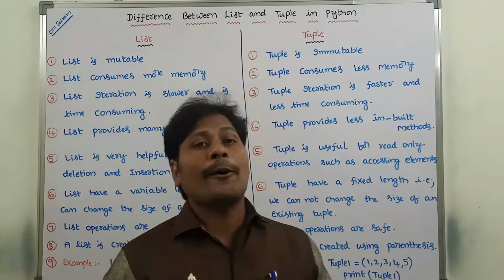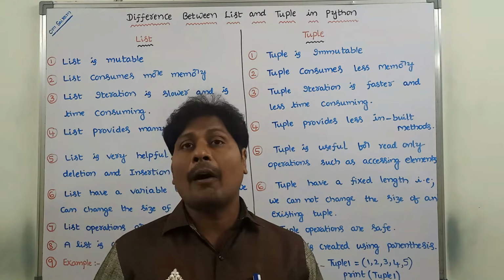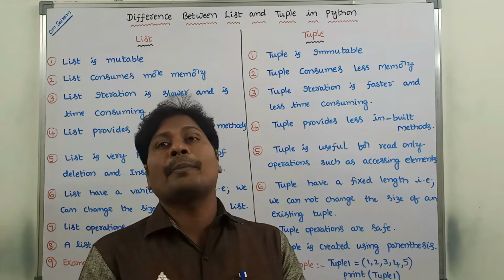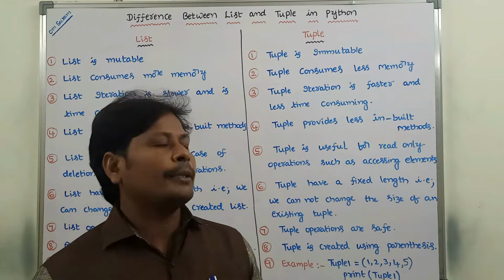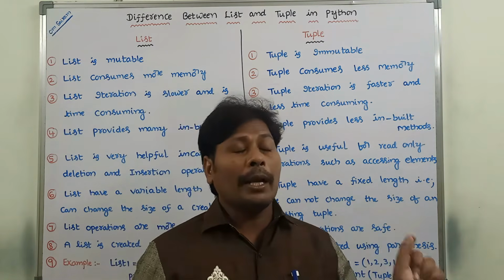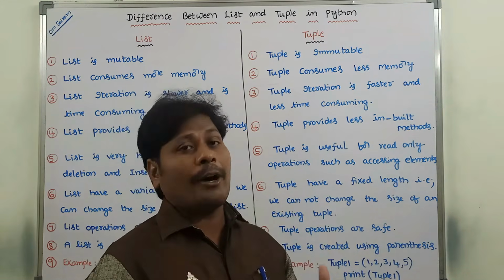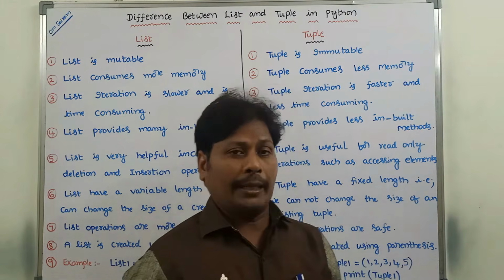Whereas in the case of tuple, it accesses the elements from a single block of memory. Because of that reason, tuple iteration is faster and takes less time.